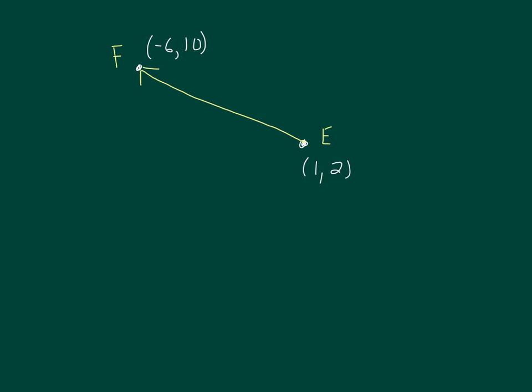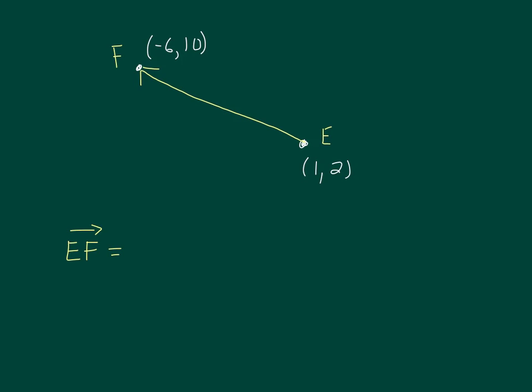Okay, next example here. Suppose we have a point (1, 2), which we're calling E, and we are starting our vector there, and we're ending at point F, which is at (-6, 10). And suppose we want to express this vector using both forms. So vector EF, remember the arrow is always going to the right.